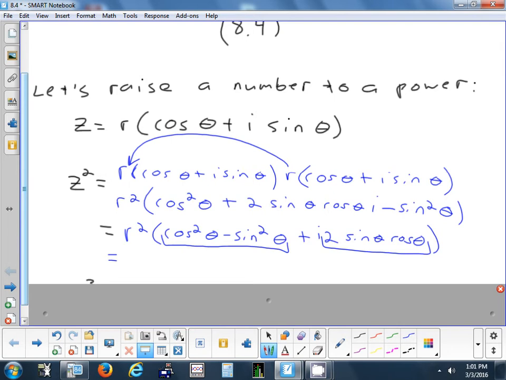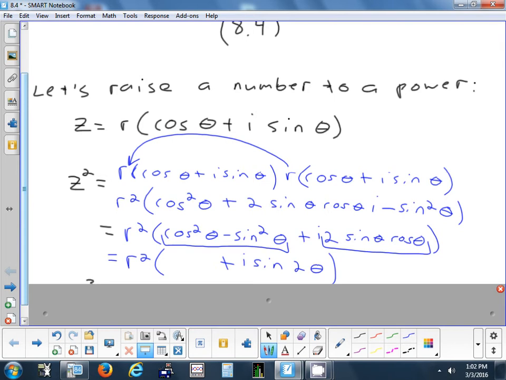Two sine cosine. Yep. Cosine squared? No, not cosine squared. Sine 2 theta. That's sine 2 theta. Yes. So that part becomes sine 2 theta, and that part is imaginary.